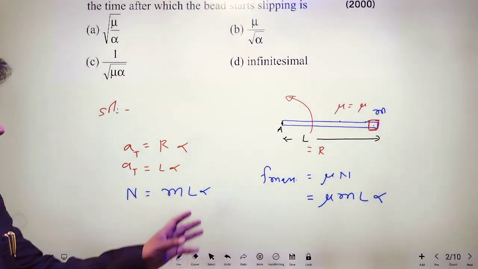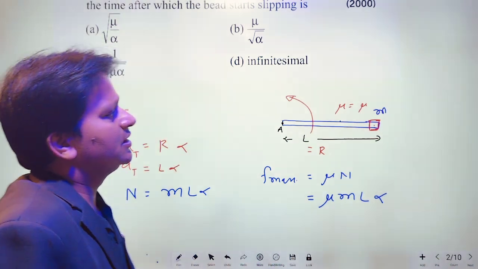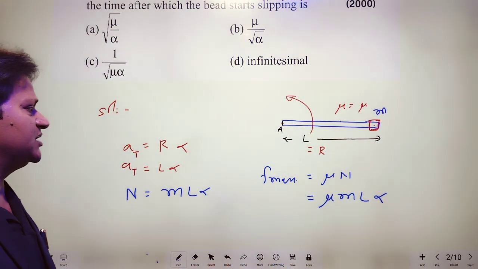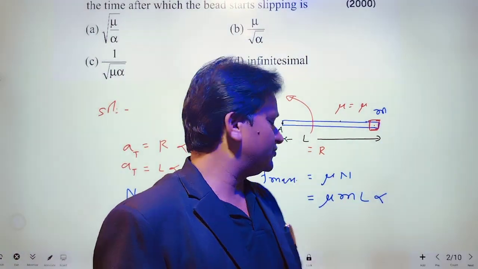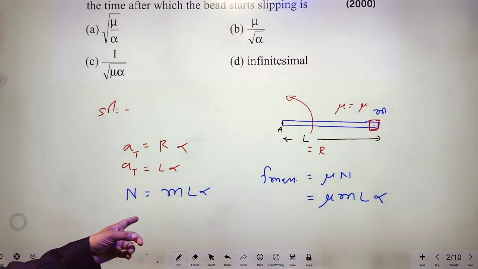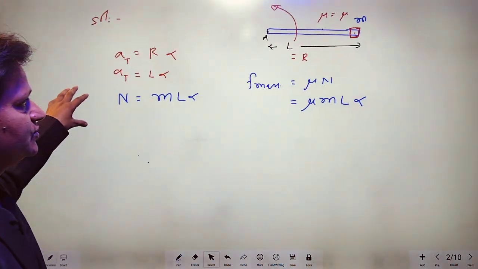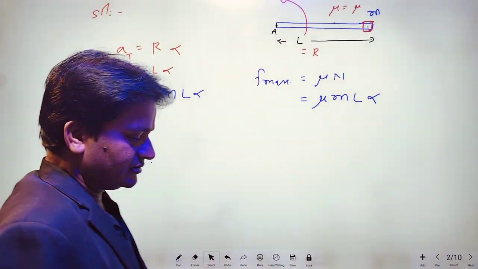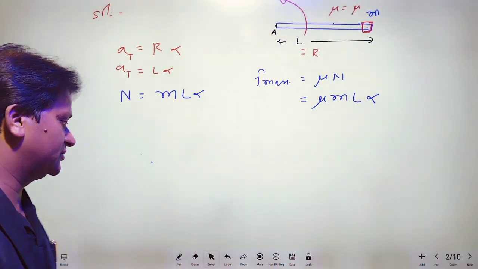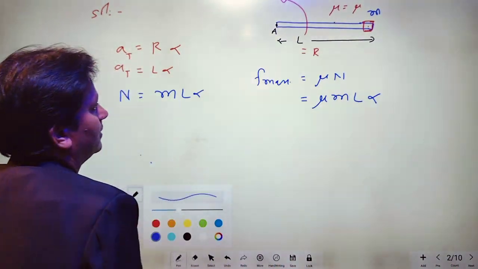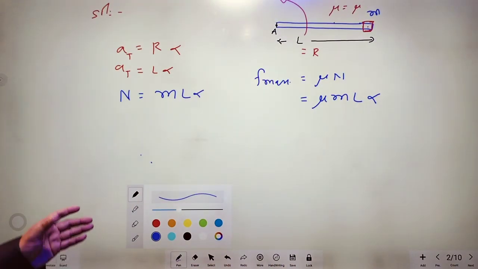You can solve this question in an inertial reference frame. If you consider the inertial reference frame, then the tangential force will be equal to the normal reaction exerted by the rod on the bead. This is the normal reaction.